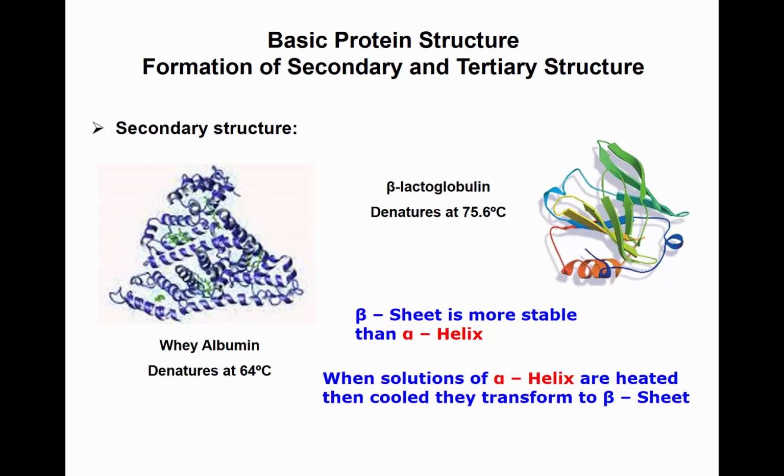So the protein would want to reform into another stable form, right? It won't stay open, unfolded. It will just reconfigure itself, forming new bonds. In this case, you go from alpha helix to beta sheet and it becomes another stable form, but it's not the same as the original form. So that's why we call it denatured protein. It rearranges itself to another stable configuration.